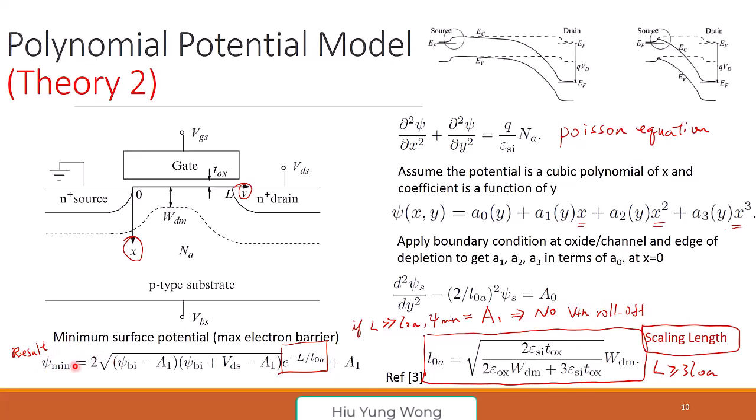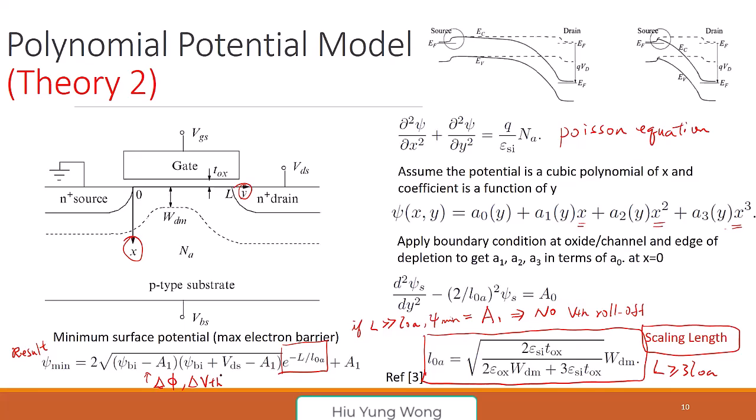So this term tells us the change of the, this one tells us the delta, you can say delta phi or delta VTH. It tells us the change of the threshold voltage, right?